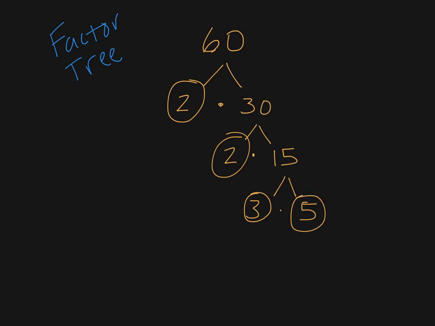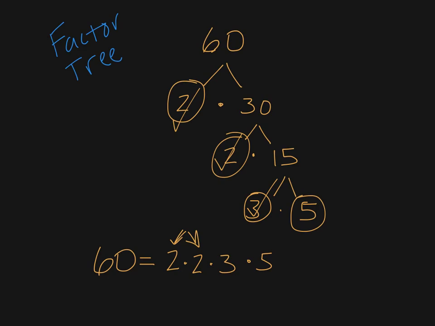So now I take my 60 and I say it equals, and I write down all of my prime numbers: 2 times 2, there's that first 2, there's the second one, times 3, times 5. What I would really like us to start doing is writing it like this, though, because I have 2 2's, I can write them as a power.